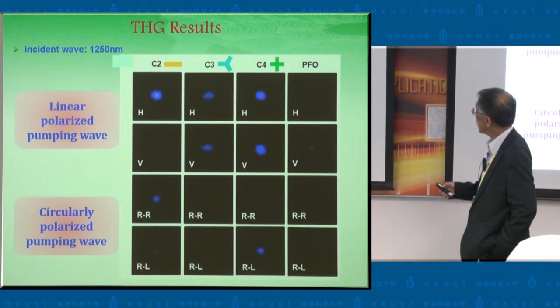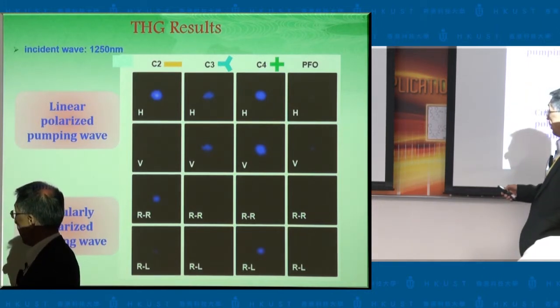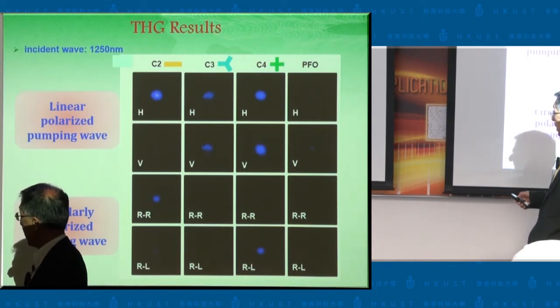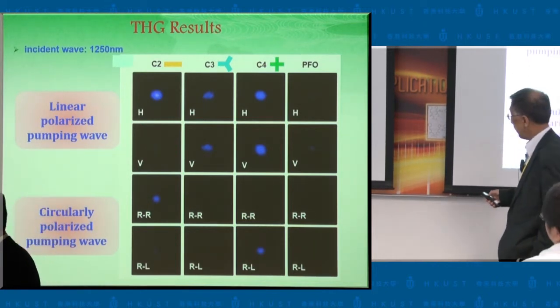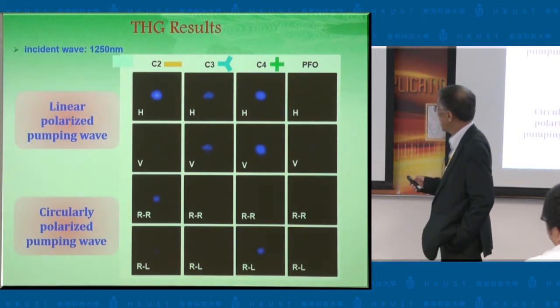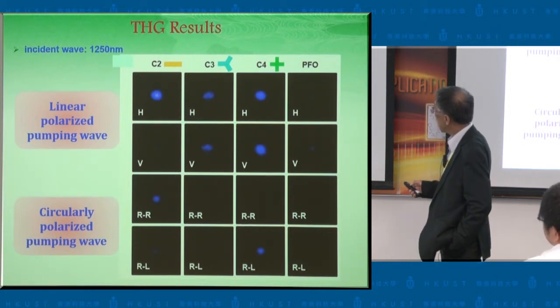And basically C3 and C4 here will have both horizontal and vertical polarized light giving you the harmonic generation. You see a weak generation by comparison for PFO. In fact, PFO is not that weak, because if you pump it hard enough, you definitely get a harmonic generation. By looking at the intensity, C4 by far is the best.